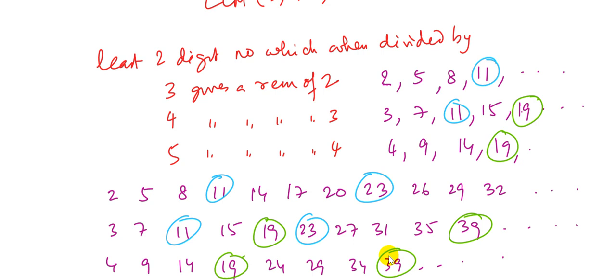Now if I want to do it this way, of course I can use an arithmetic progression formula, it will be a little faster, but I'm just trying to explain the concept. So if you look at this, in the first series, after the first number 11, which is common with the second one, the second number which is common with the second one is 23, which is the fourth number from this one, and the third number from this one, right?